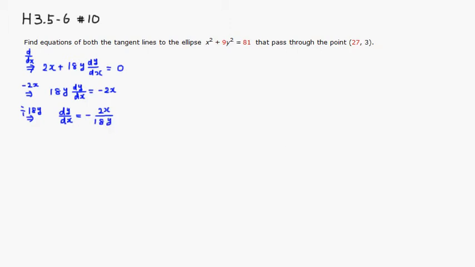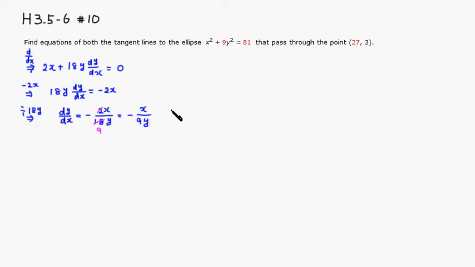We can cancel the 2 on top and the 18, leaving 9, so this is simply negative x over 9y.